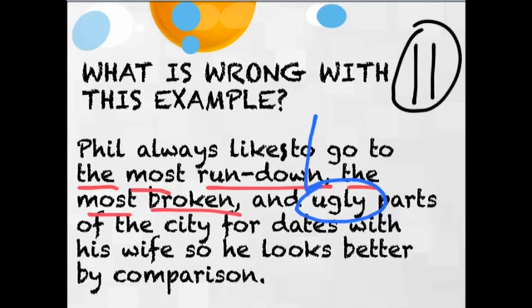In order to fix this, we should put in the most. And now let's read it all the way through. Phil always likes to go to the most rundown, the most broken, and the most ugly parts of the city for dates with his wife, so he looks better by comparison. Not only is that correct parallelism, but it's also a really good idea.